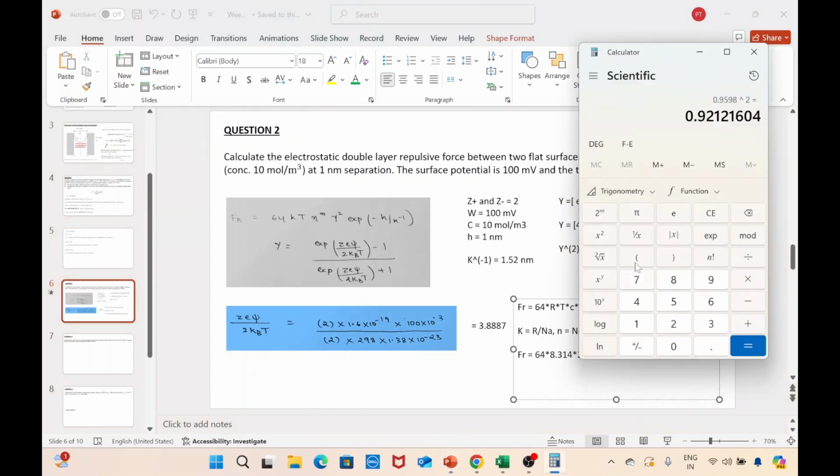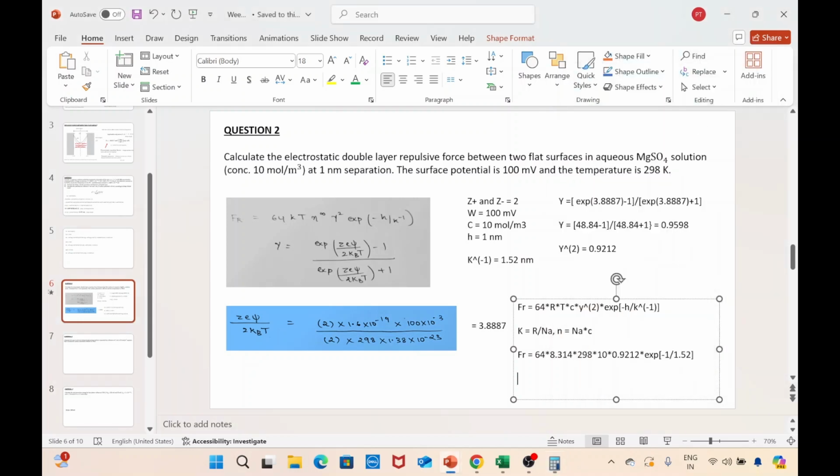So let's calculate 1 by 1.52 is minus 0.6589 or 0.6589. So exponent of minus 0.6589 is 0.5174.